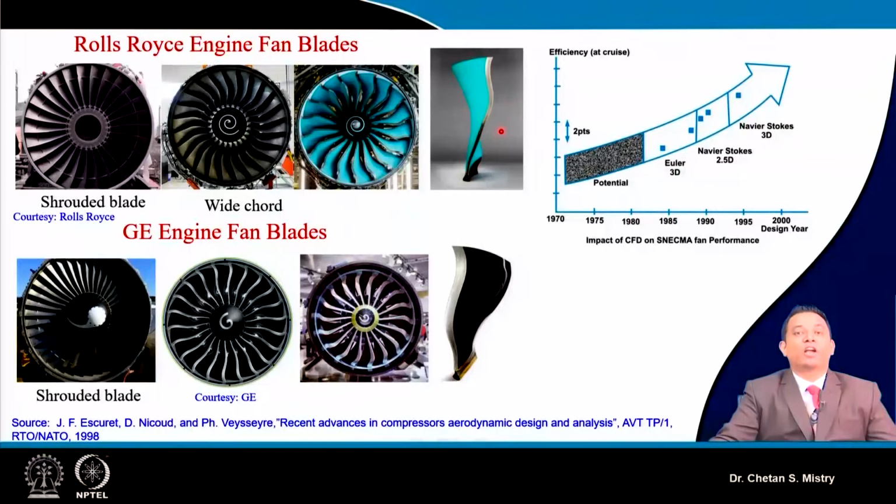And the blade we are talking about may have a height in the range of 5 to 6 feet, and you need to design with that. So this computational tool has helped a lot in designing such high bypass ratio fans.